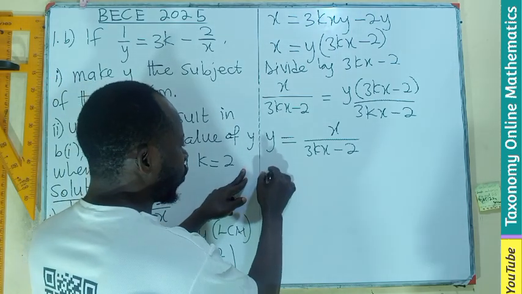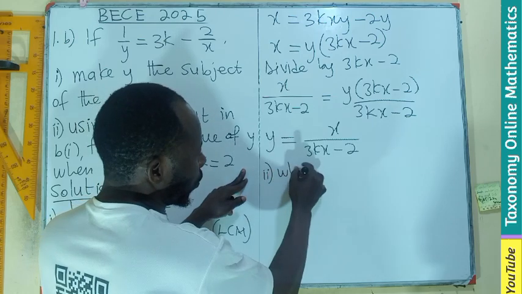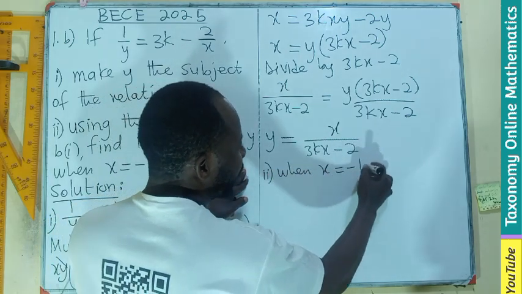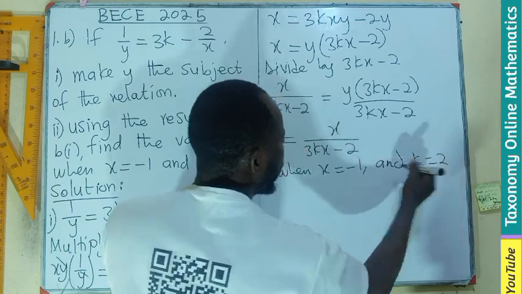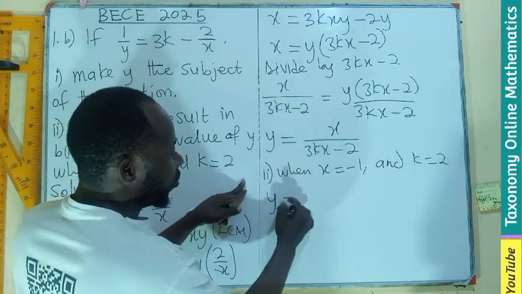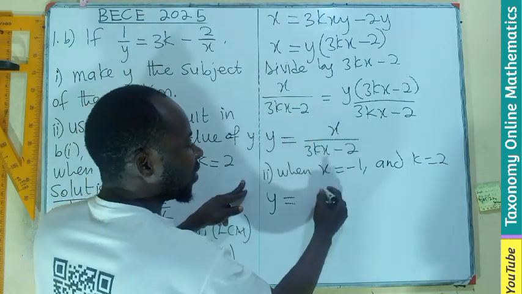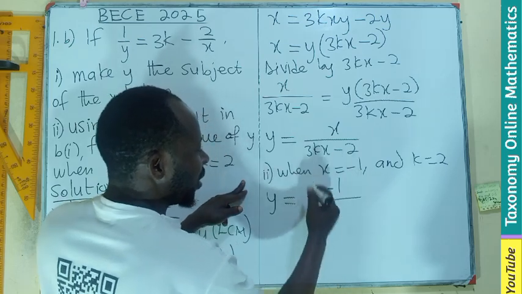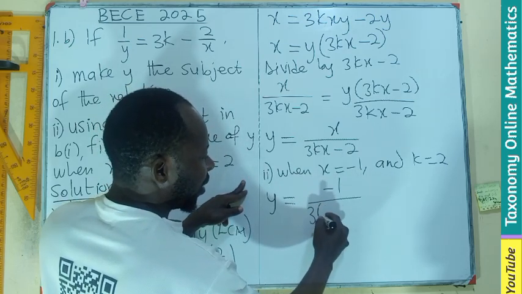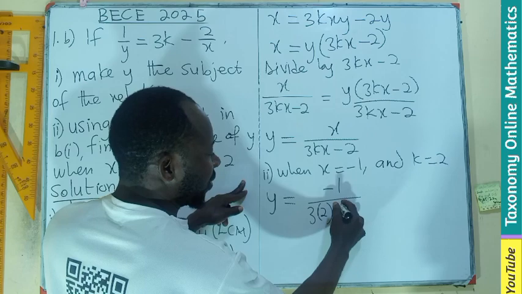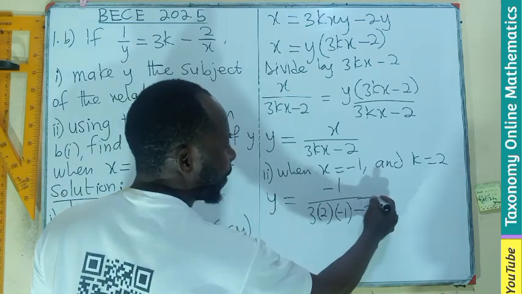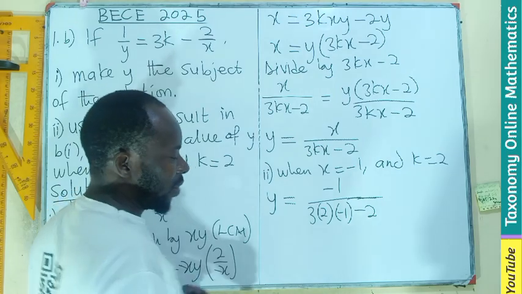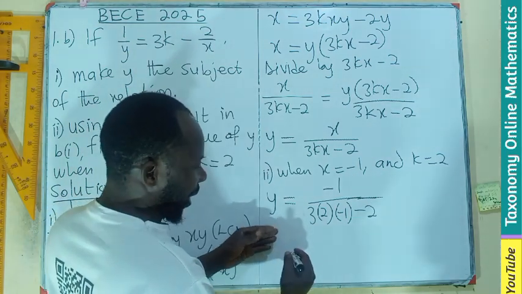For Roman number 2, when x is -1 and k is 2, your y is now going to be equal to, in place of x, -1, over 3 times k, 2, times x, -1, minus 2, which is a constant in there. Now I can still go ahead. Okay, let me bring it down here.